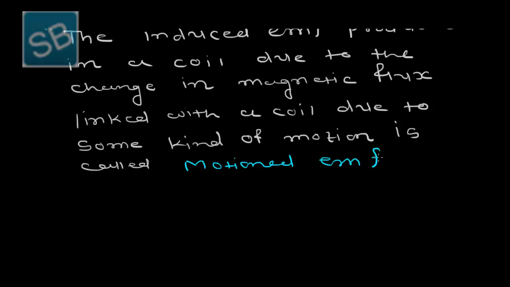So this is the kind of EMF which has been produced due to the change in magnetic flux. So if there is no change in the magnetic flux, then there will be no motional EMF. So this is one characteristic about it.